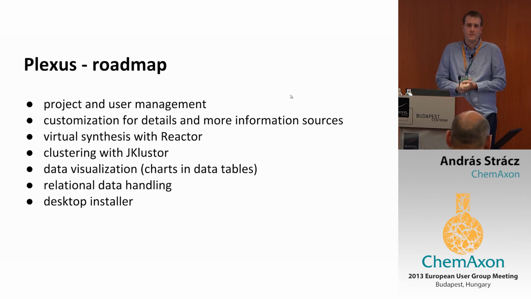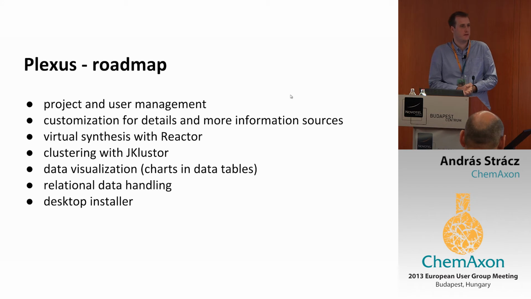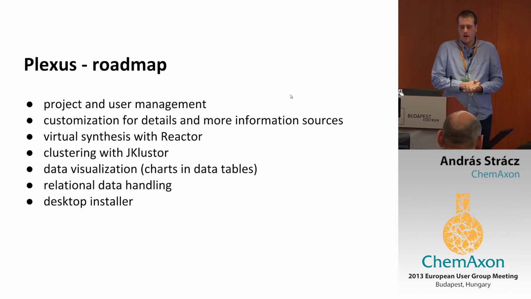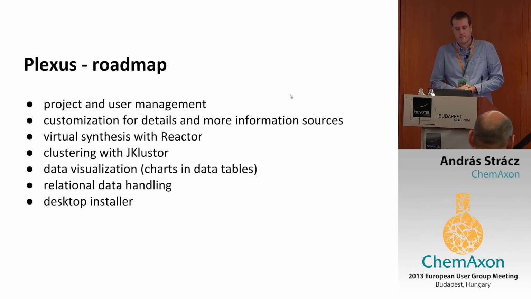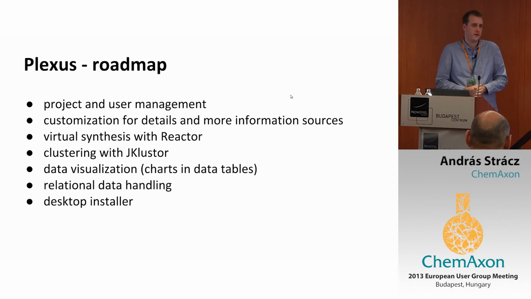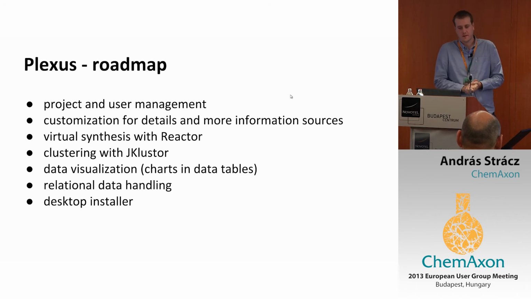And as for the roadmap, as for what's coming in 6.1 and 6.2, we're working on project and user management by employing the security framework in the underlying web services product. Of course, customization for the details view and more information sources such as an array of databases.